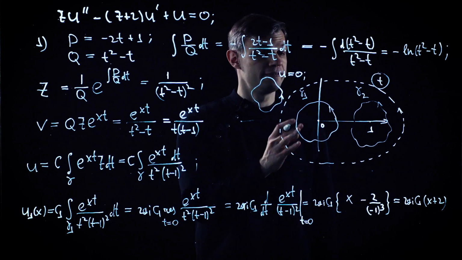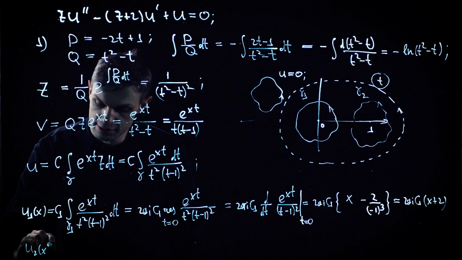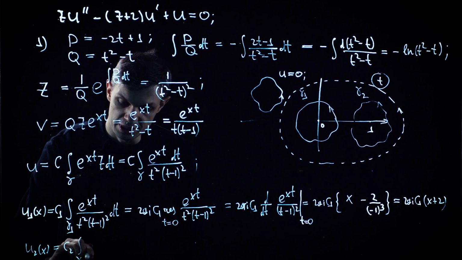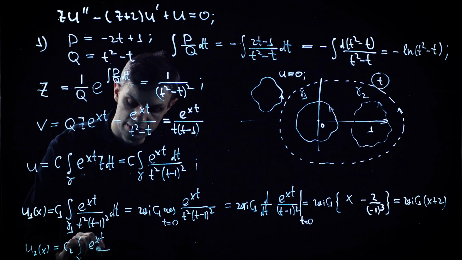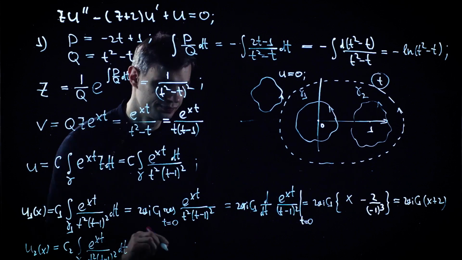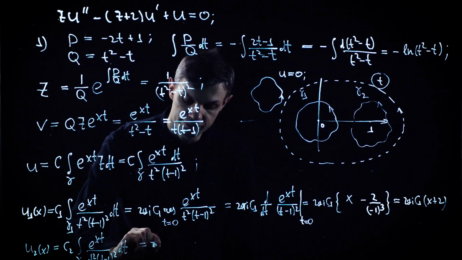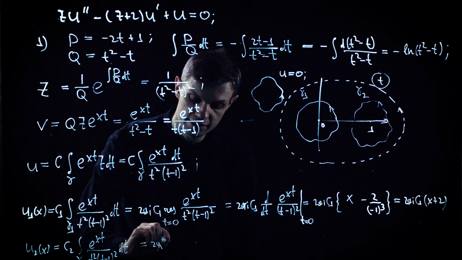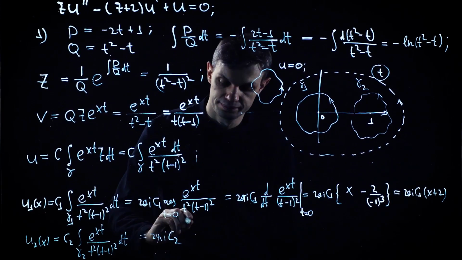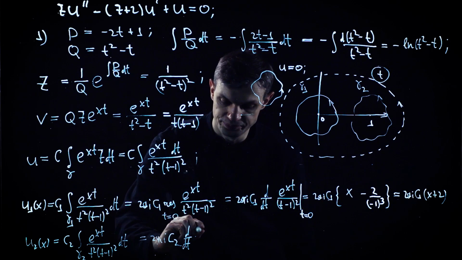Great. Let's now find another one. So u2 of x is simply equal to c2 times a very similar integral, but taken along the second circle. Again, it's a second order pole, so the whole solution is defined by the first order derivative of the integrand taken at point t equal to 1.